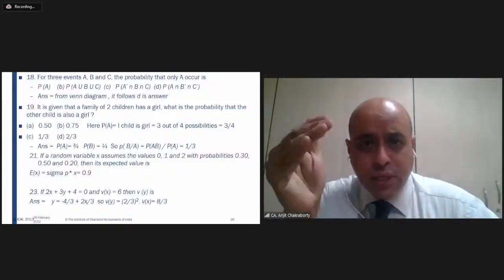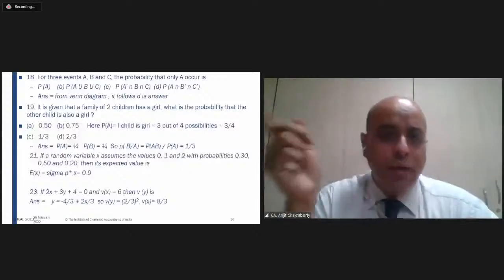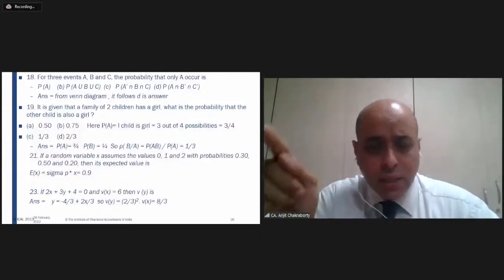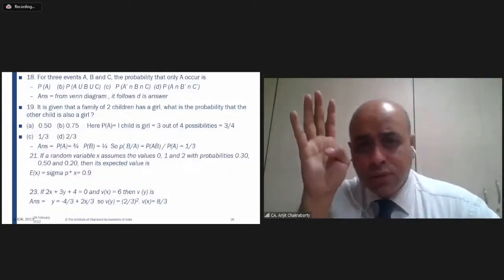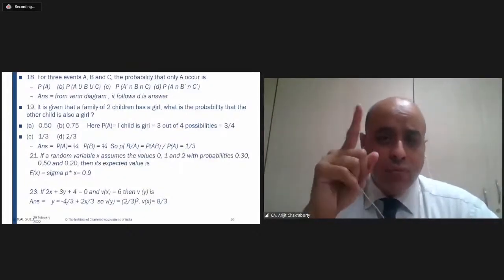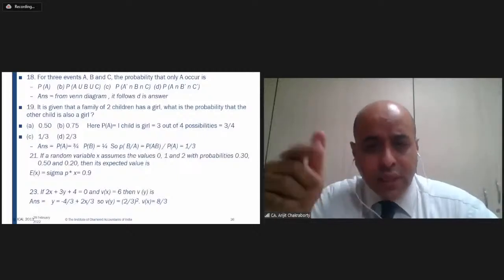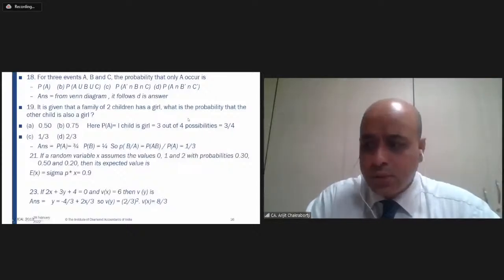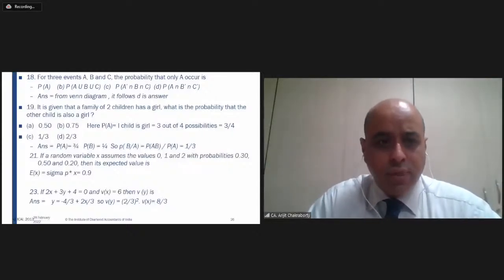Because out of the 4 cases, BG, GB, BB and GG, 2 girls appear in only 1 case. So the probability of B, the second event, is 1/4. Now using the conditional formula, you easily get the answer 1/3. So this is a very interesting question, number 19.